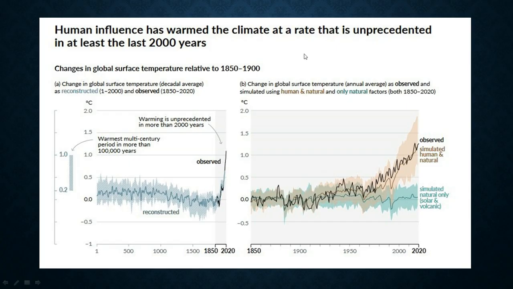Human influence has warmed the climate at a rate unprecedented in at least the last 2,000 years. Changes in global surface temperature relative to 1850 to 1900. And by the way, when I was showing you the slides earlier with Zach Labe, he's going back to 1850. I contacted him and I asked him if he had data going back to 1750, because that's generally what, for example, NOAA uses when they calculate their AGGI, annual greenhouse gas index.